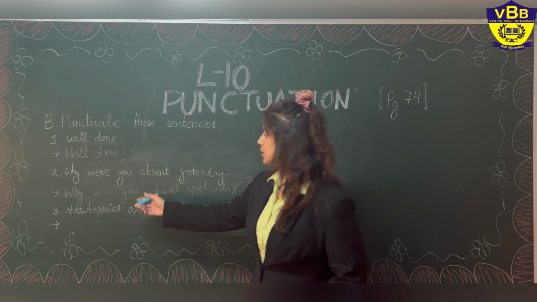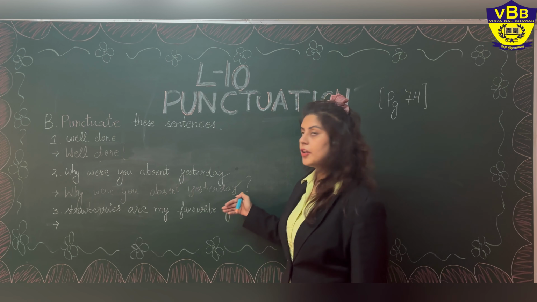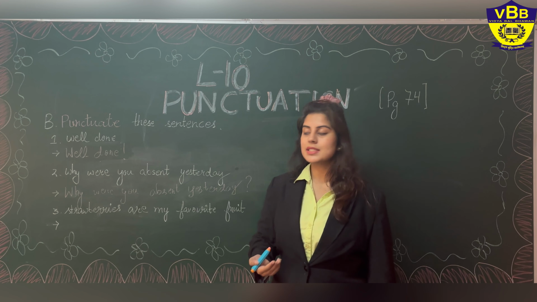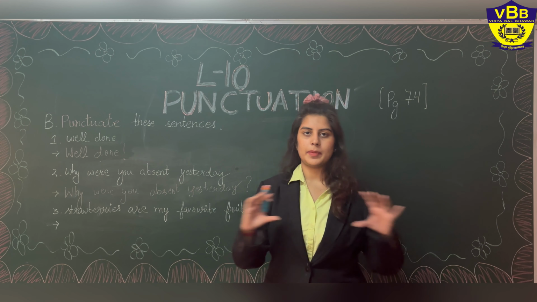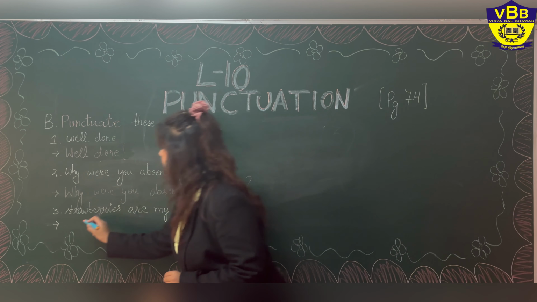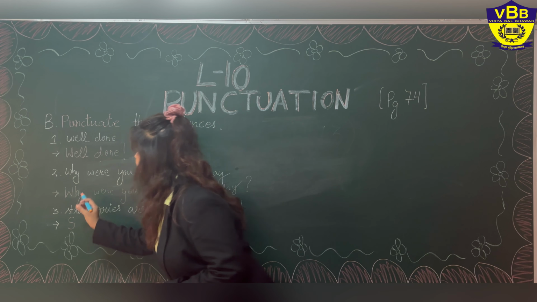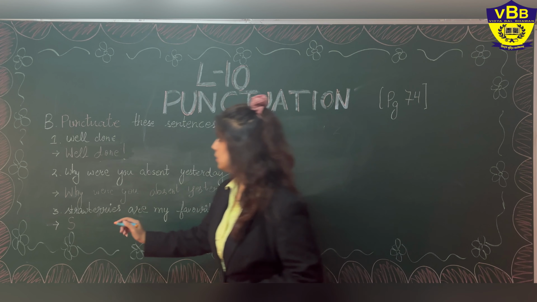So the third one, strawberries are my favorite fruit. What are we going to do in this sentence? First, this is a statement, a proper statement. So first, we are going to write the first alphabet, it's going to be capital.